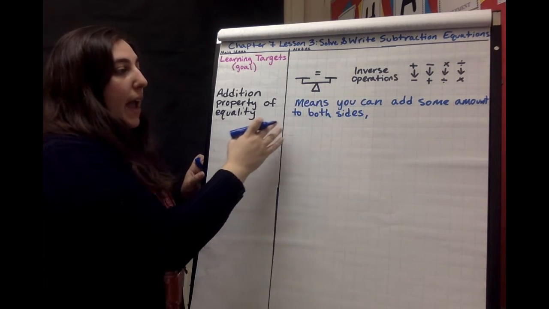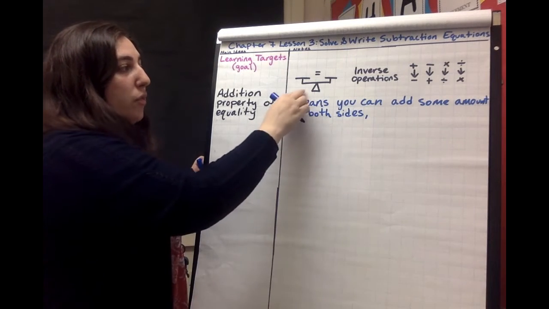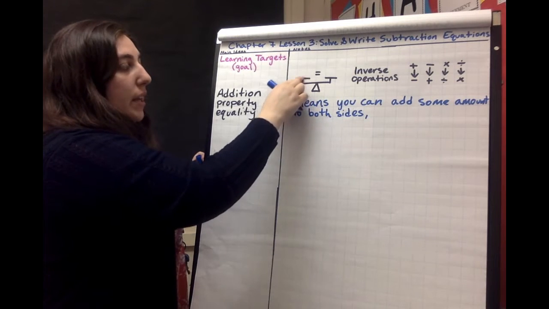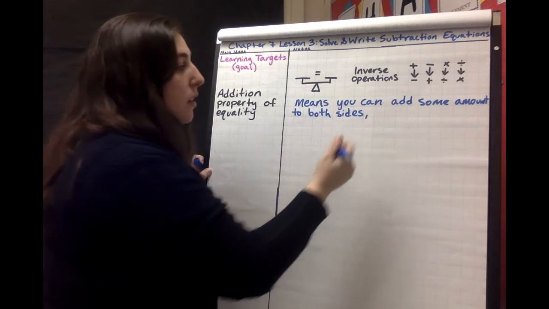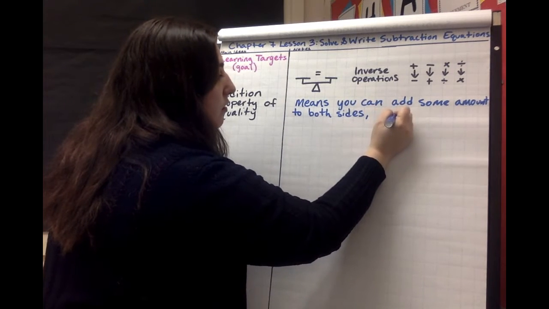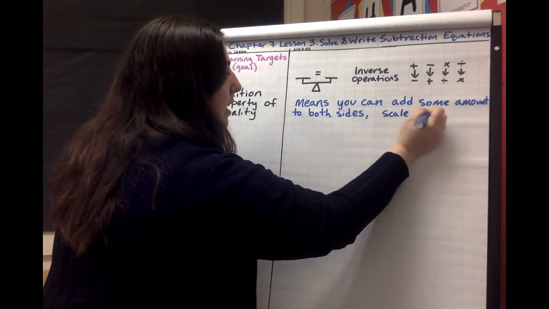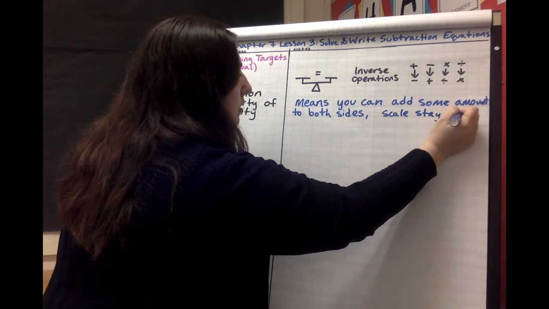So it means you can add some amount to both sides. So if we think of our scale, we can add an amount to this side and this side. And if we do that, then the scale will stay balanced.